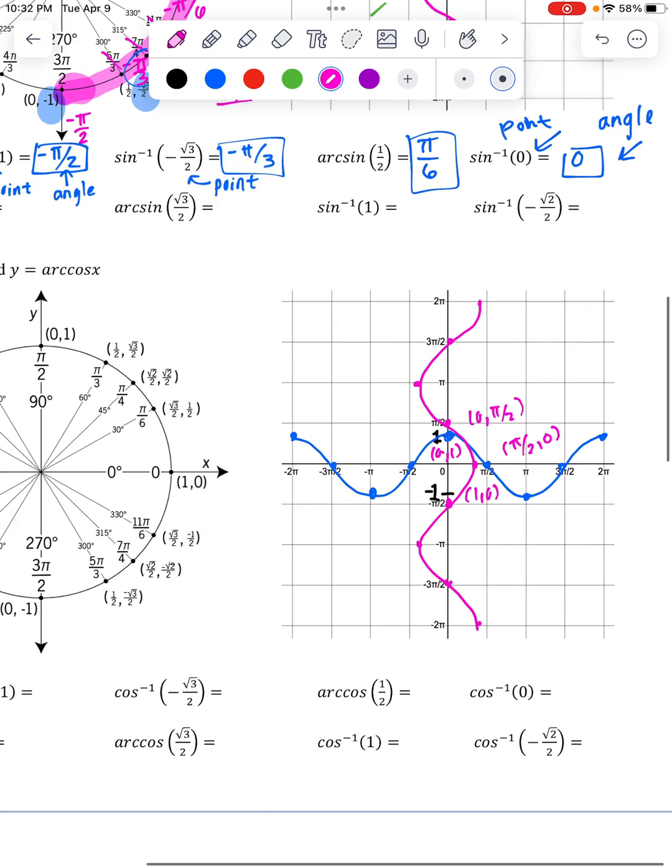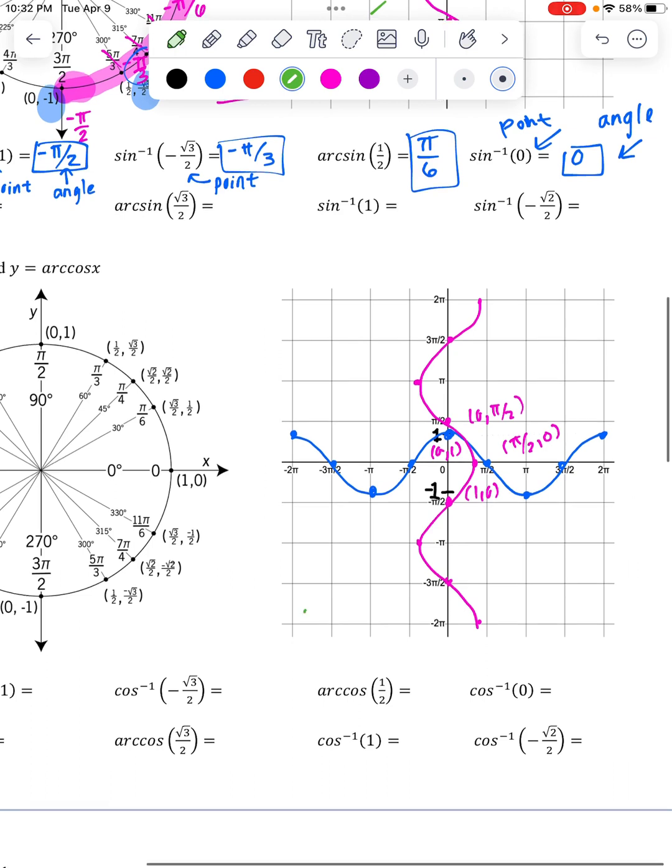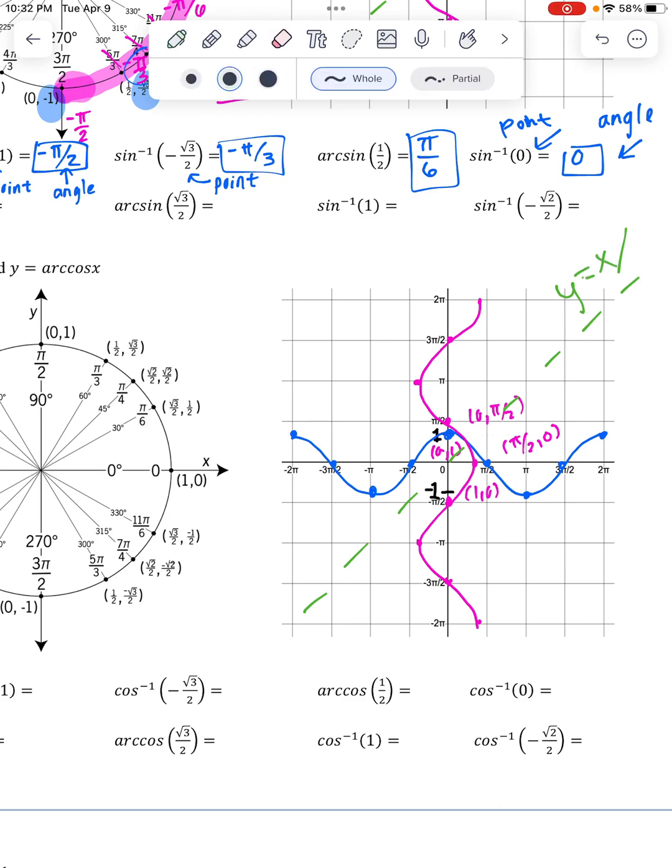Okay, so this is my inverse function for cosine, my inverse graph. It's not a function. And just to verify, this is a reflection across y equals x, which is what we want because you know that inverse functions reflect across y equals x.